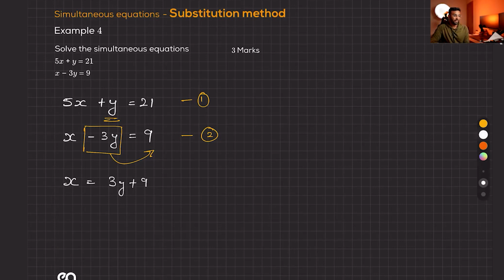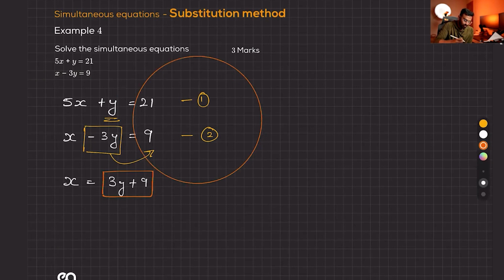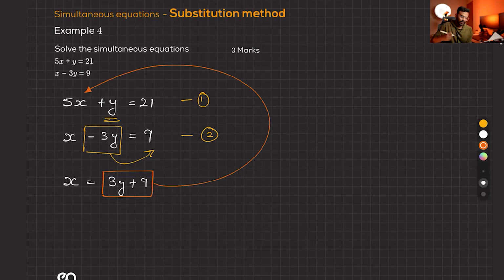Okay, got it? Now we are going to substitute. Substitute here. Are you guys getting this? So you took one equation, made the variable the subject, and substituted in the other.